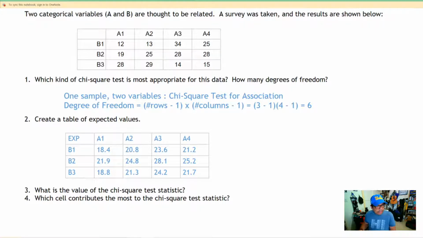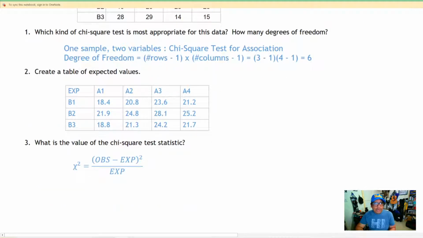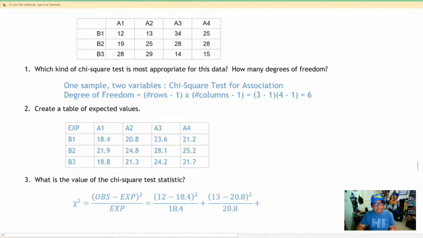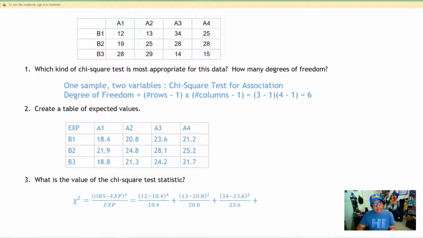Okay, how about that chi-square test statistic? Now, we don't want to get too carried away and not show any work at all. So I do recommend you show something here. Start off with the specific formula for this chi-square test statistic. Maybe write in the first 3 contributions to the chi-square test statistic and the last contribution to the chi-square test statistic.